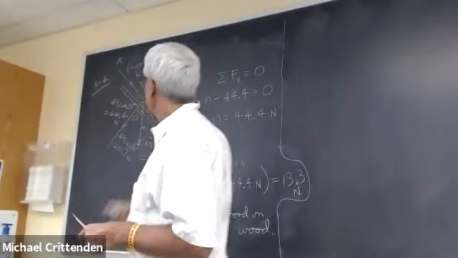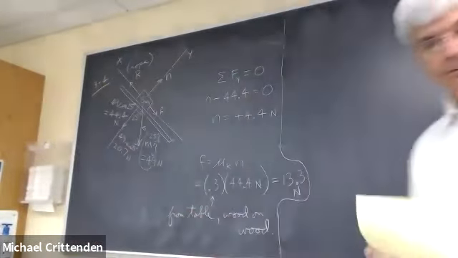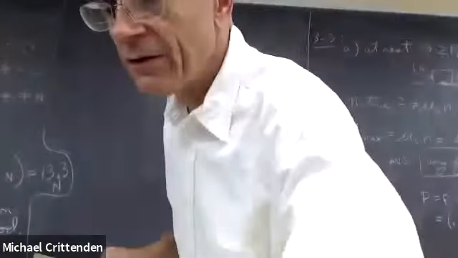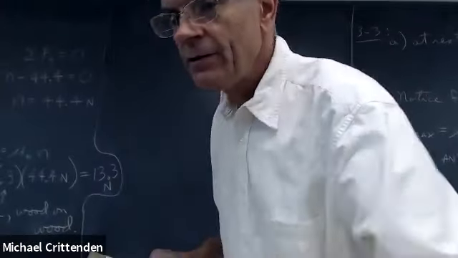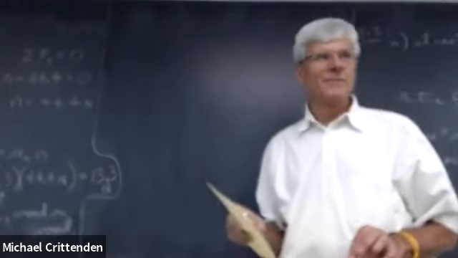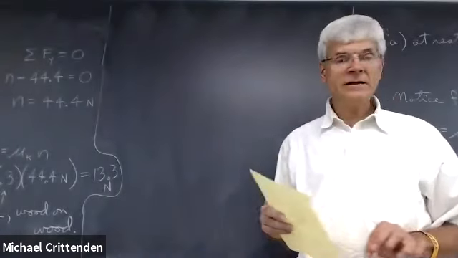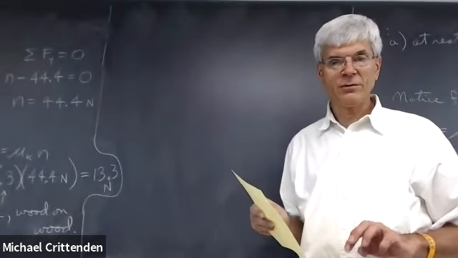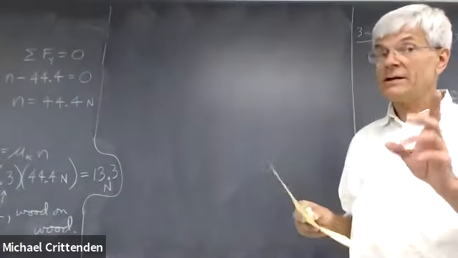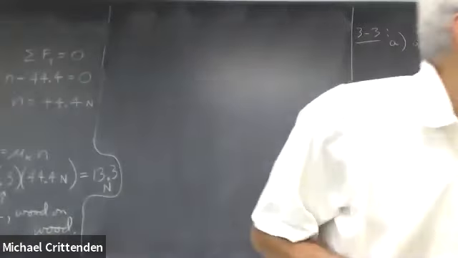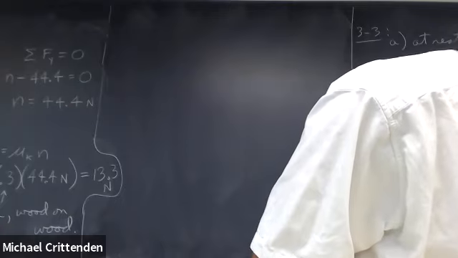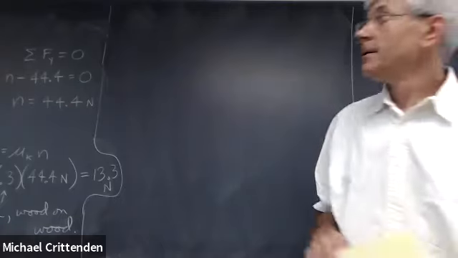I put the X over there to kind of imply that was the positive x-axis, because you don't have to. You can do the problem either way, but quite often it's convenient if the direction of motion is what you're considering to be positive, or better yet, the direction that it's accelerating. But in this case, it's moving at a constant speed. Well, anyhow, I did it that way. You don't have to.